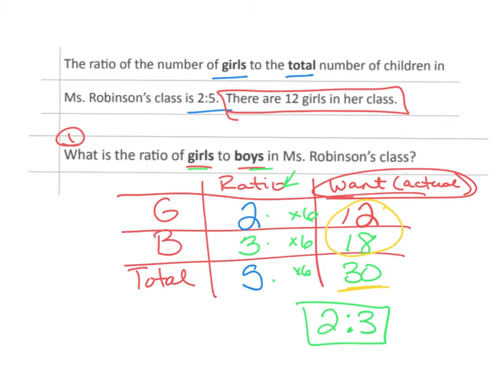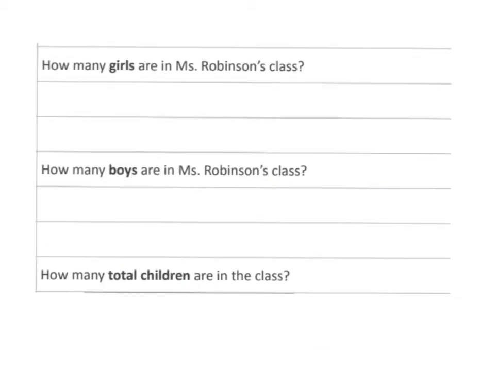So now you got to kind of remember this, because for the next page, we're going to be using these same numbers. How many girls are in Miss Robinson's class? Well, remember we had a ratio of girls to boys for a total, and there were 12 girls in Miss Robinson's class, 18 boys, for a total of 30.